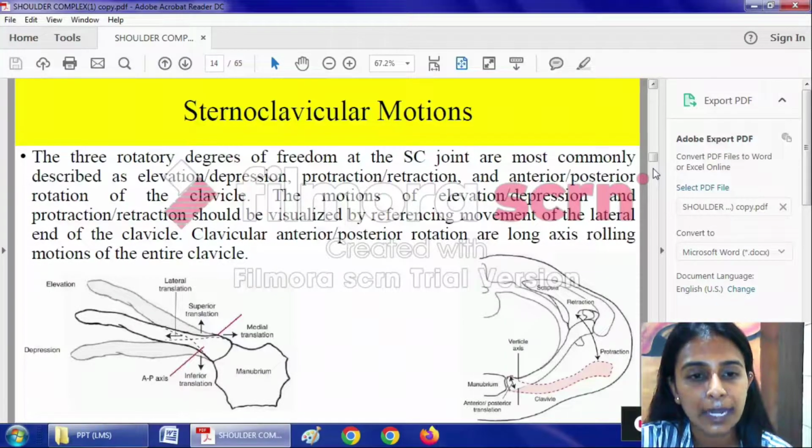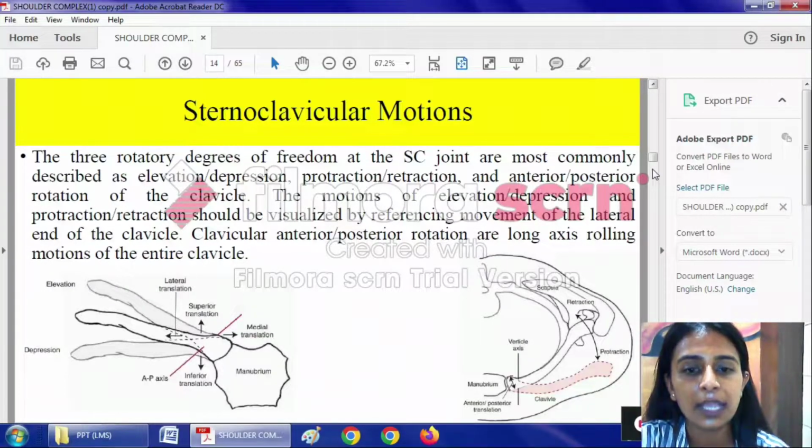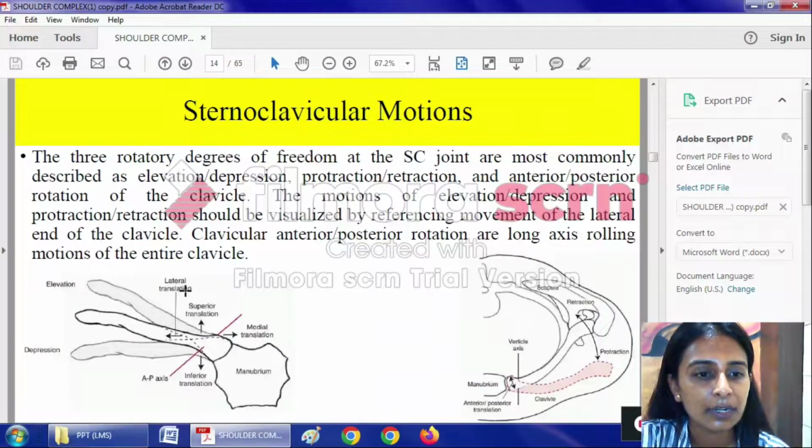Clavicular anterior posterior rotation is a long axis rolling motion of the entire clavicle. This is the lateral translation, superior translation, inferior translation. This is elevation and this is depression.